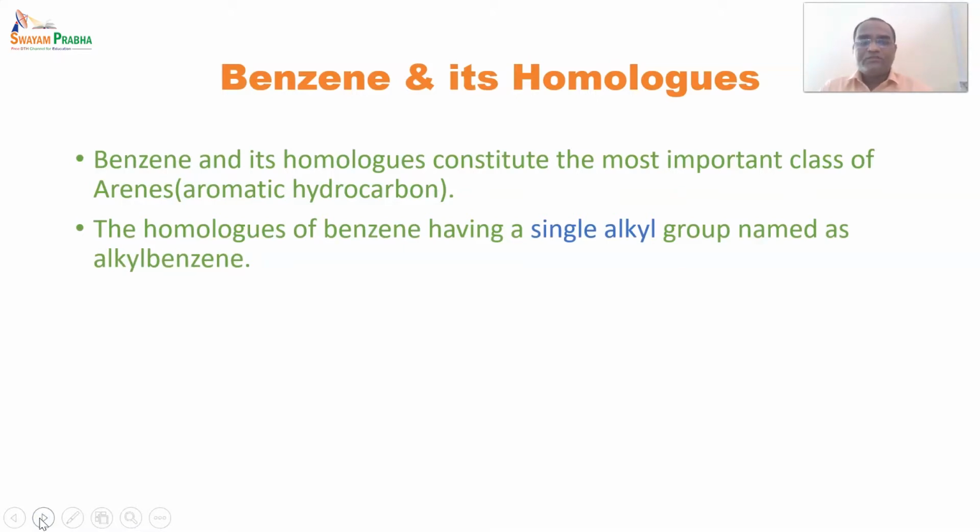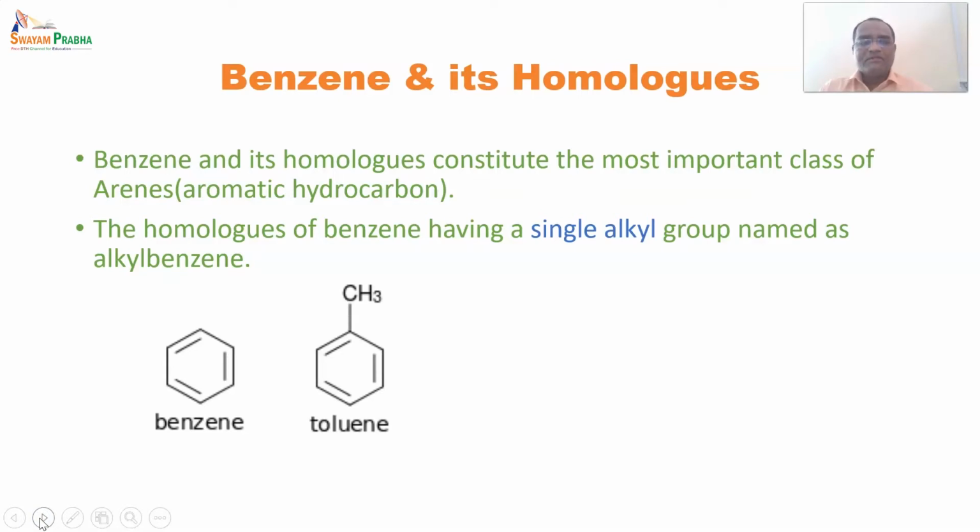The homologues of benzene having a single alkyl group are named as alkyl benzenes. So this is the structure of benzene, a cyclic structure having 3 pi bonds in the middle, which are in conjugation, and which form a pi electron distribution in the circle.